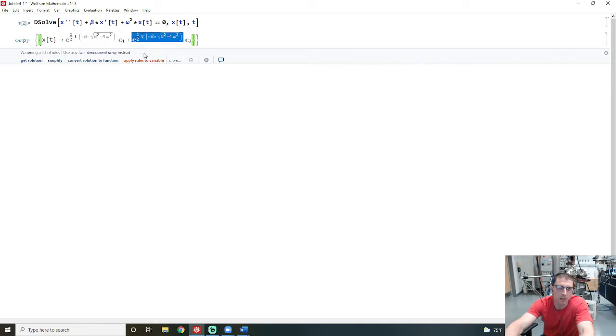And the nature of this exponential term depends on beta and omega. So it depends on the damping coefficient, which is what gamma was. Remember, beta is defined from gamma. And it depends on the spring constant and the mass, in that it depends on omega.